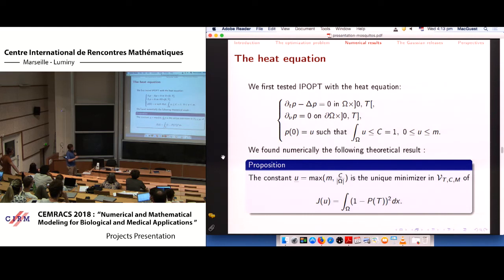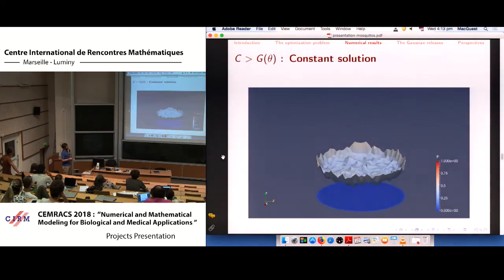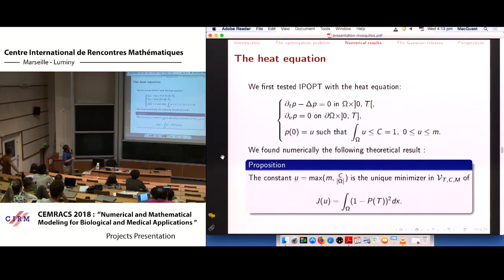But if you remember, there's a certain level theta, above which your reaction term f is going to be positive. So if your constraints are such that you can have an initial condition that's everywhere above this theta, then your solution is going to invade, it's going to increase.